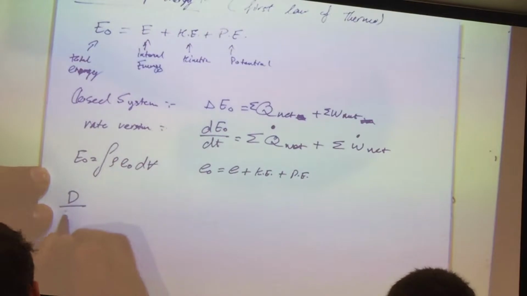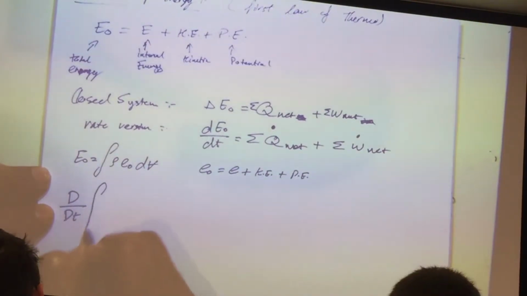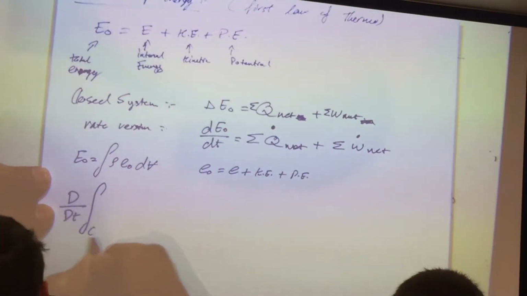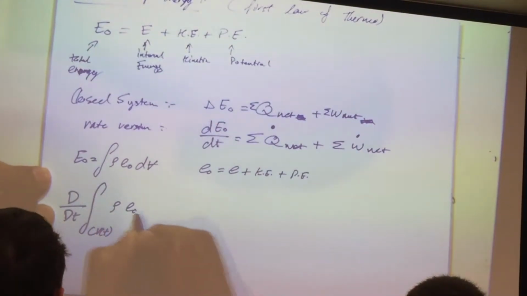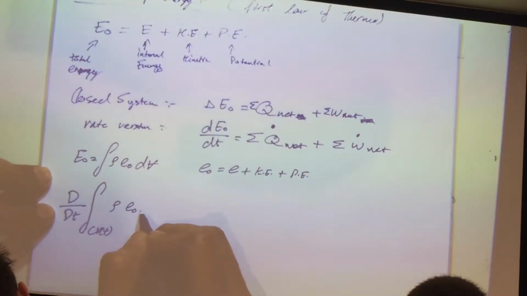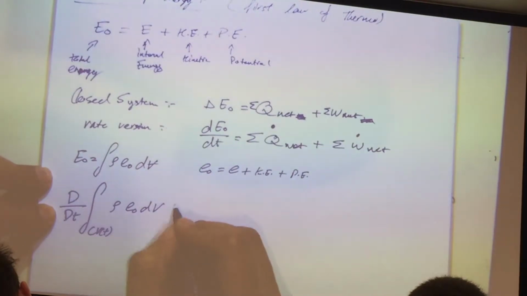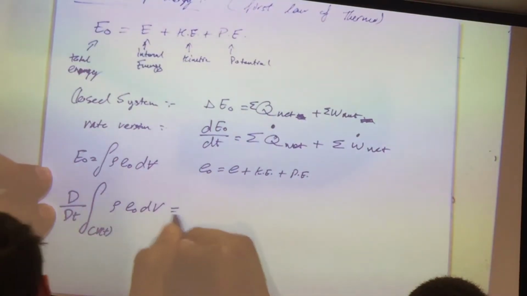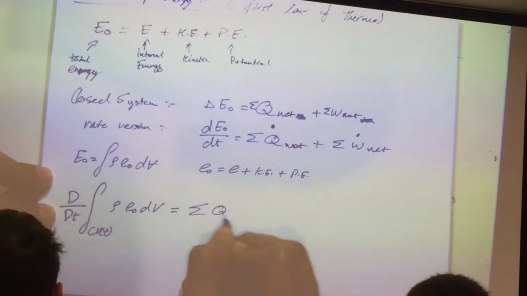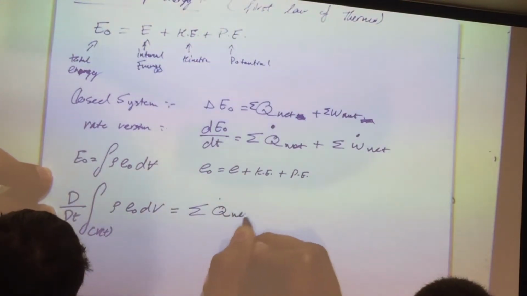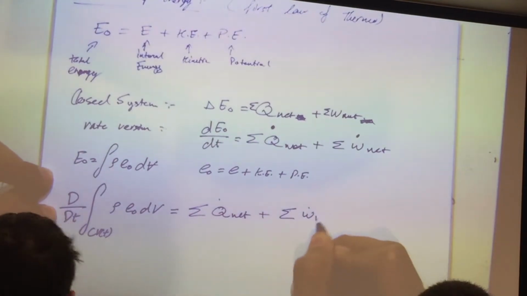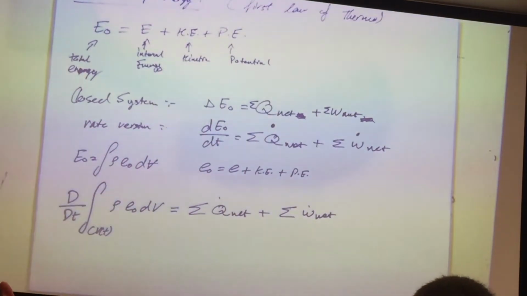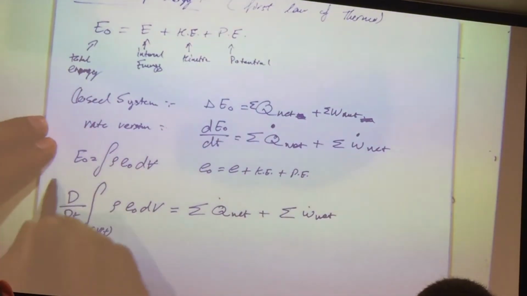I get my substantial derivative again, and it's the integral over my control volume of rho times my specific total energy, is equal to the summation of Q dot net plus W dot net. And that's the general form of the equation.